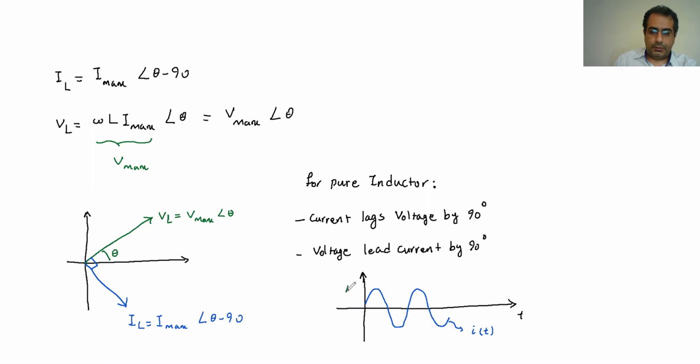It goes up to here, goes down, for example, to here, then goes up to here, then goes back down here, or something like that. And then you will see that between these two peaks, this is 90 degrees. If I come here and change these from t to omega t.